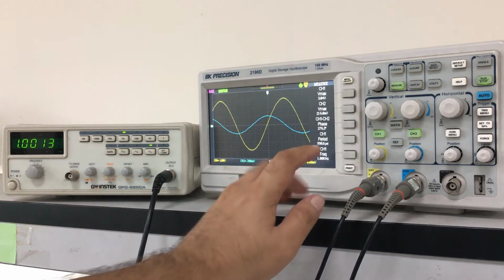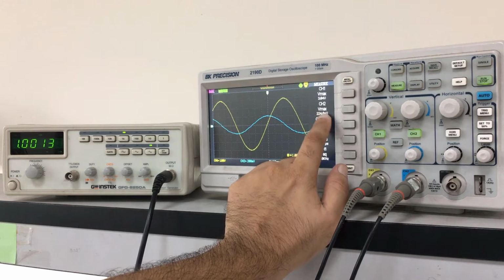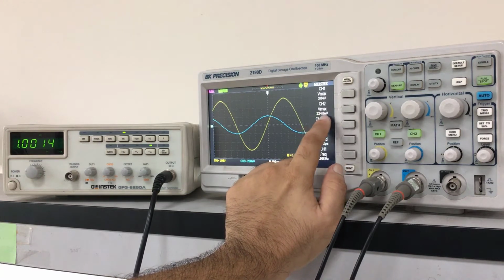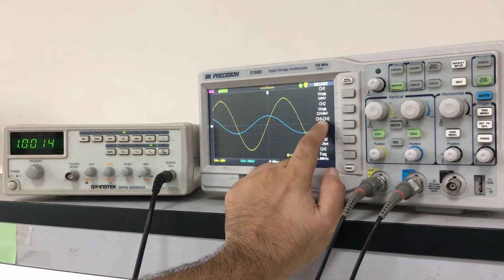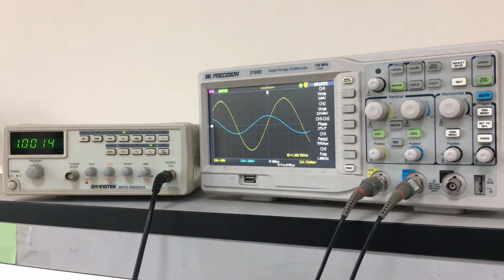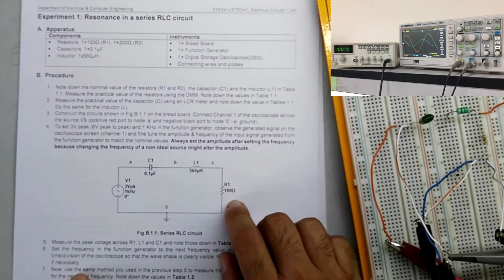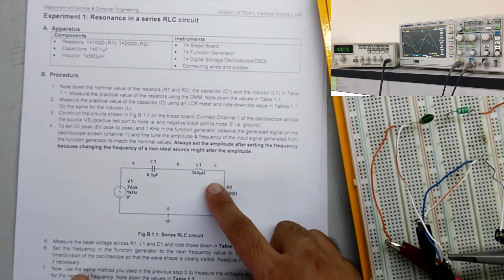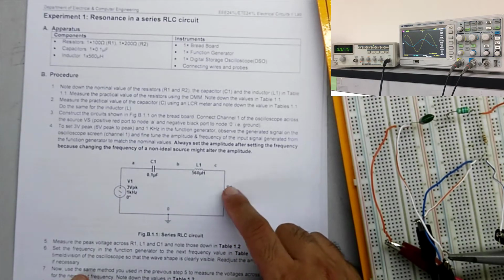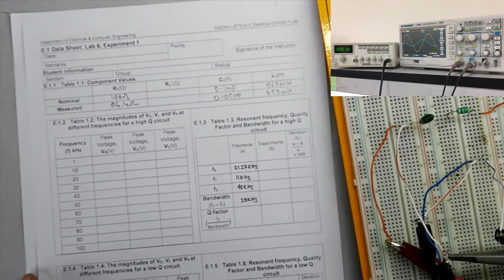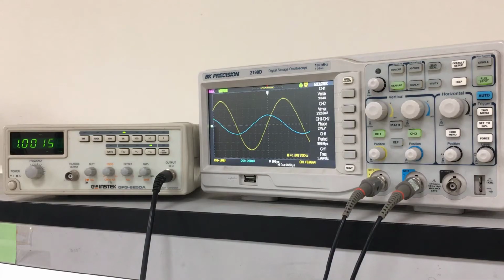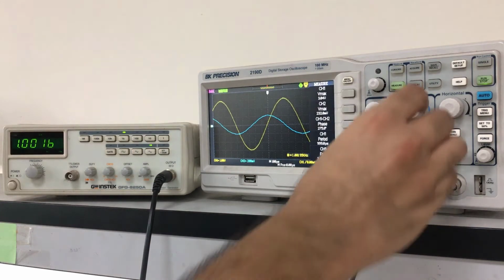So from channel 2 Vmax we will take the reading for the VR, the voltage drop across the resistance, because it is connected in node C. So since channel 2 is connected in node C, we are currently getting the peak voltage drop across this resistance in our channel 2.